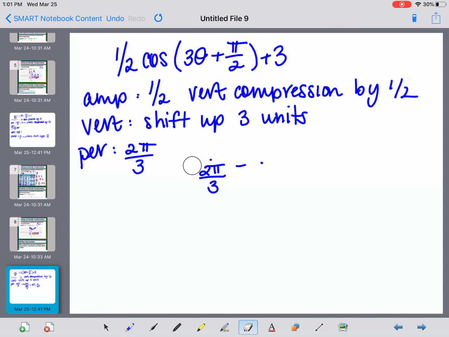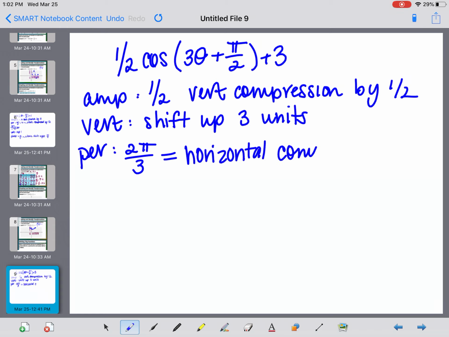Okay, so like I said, we went from having 2 pi to do it, and now we have 2 pi over 3. So we'll just say that this is a horizontal compression.